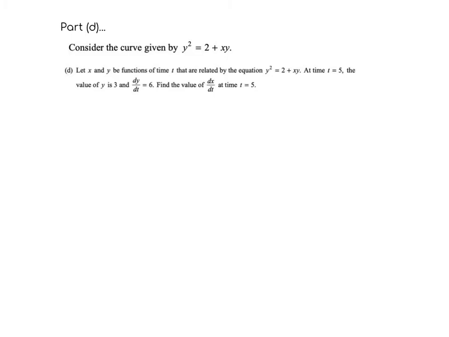But let's go ahead and take the derivative with respect to t. So we're going to have a 2y dy/dt equals, once again, the derivative of 2 is 0. And don't forget product rule.